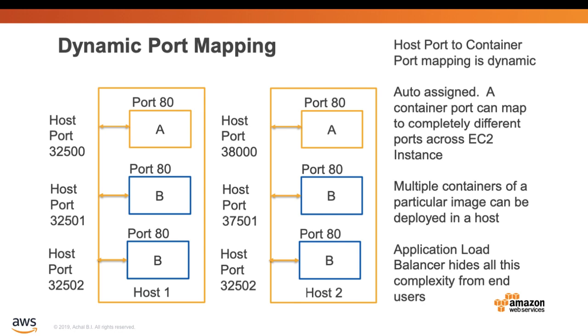So how that is done is, within your application, your image can have the same number of ports, but still the application load balancer will take care of the actual host port to be assigned and mapped with the container ports, and as and when they go down and a new instance comes up, the port mapping would be handled by application load balancer.